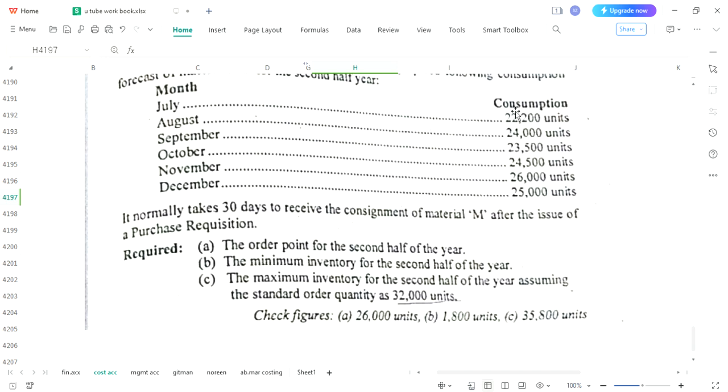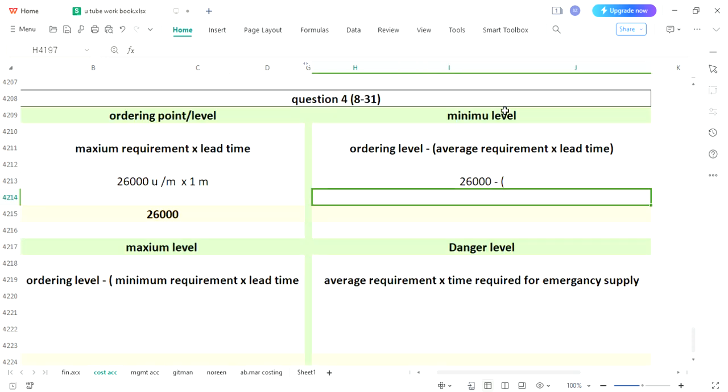We will sum all the amounts for 6 months and divide by the number of months, which is 6, and we will get the average.